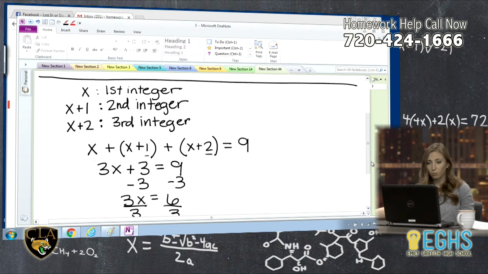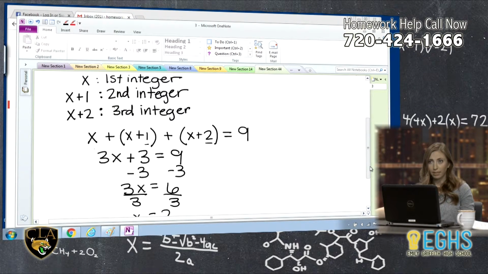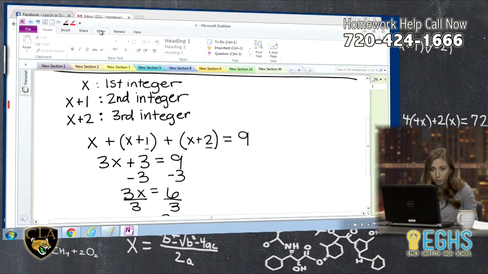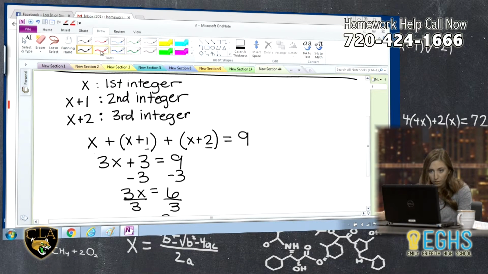Back to where I defined my unknowns, I said x was my first integer, so my first integer is 2. My second integer was x plus 1, so 2 plus 1, that's going to be 3.